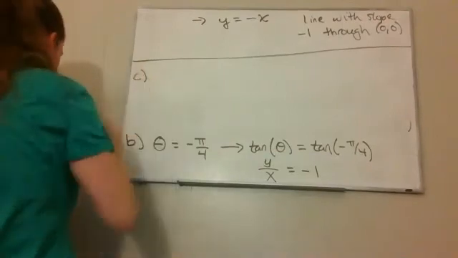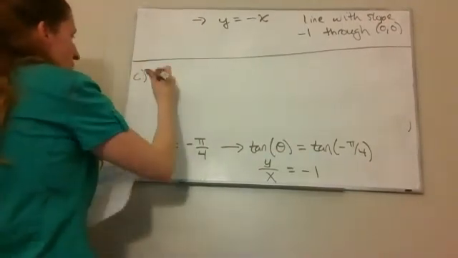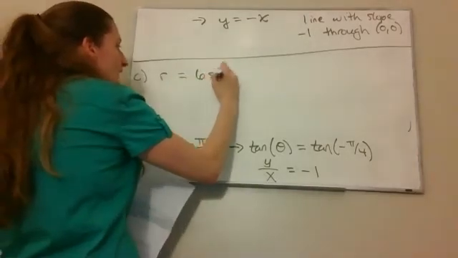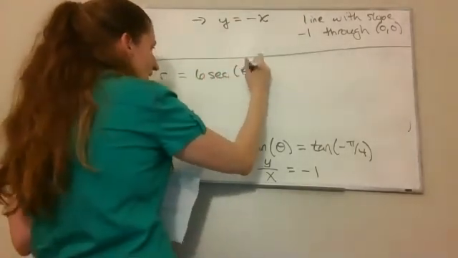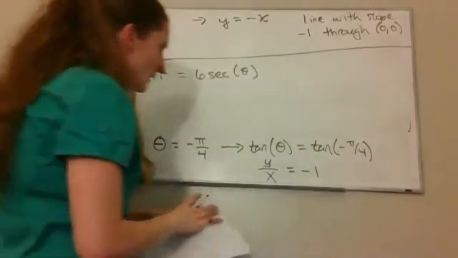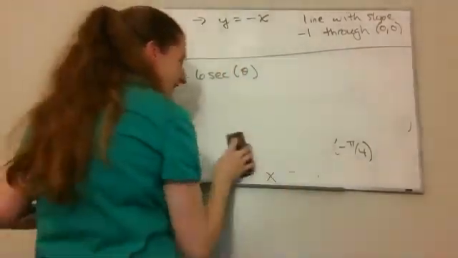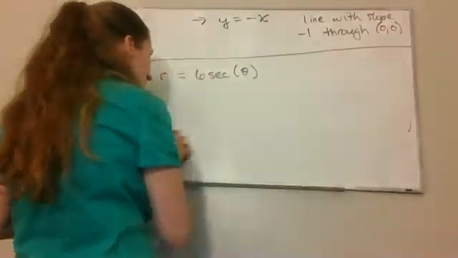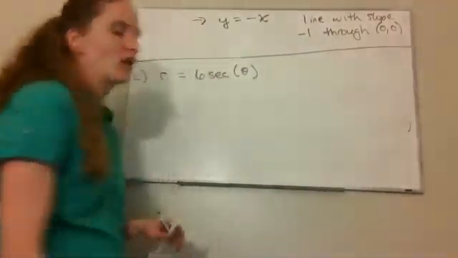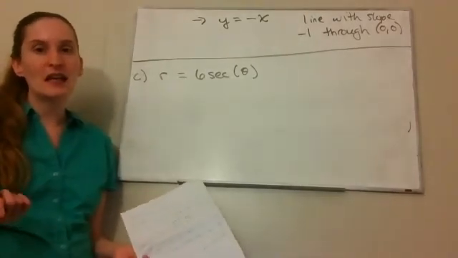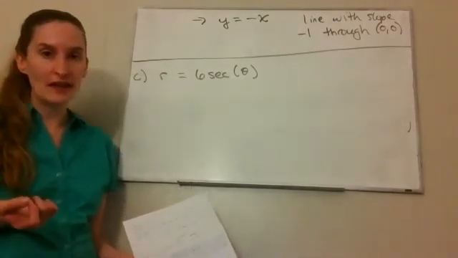Let's do a couple more of these. What about the polar equation, r equals 6 secant of theta? Well, this time I have both r's and thetas in it. So I need to remember the relations that I know involving r's and thetas. That would be x equals r cosine theta and y equals r sine theta.